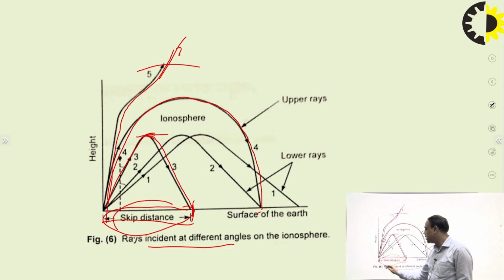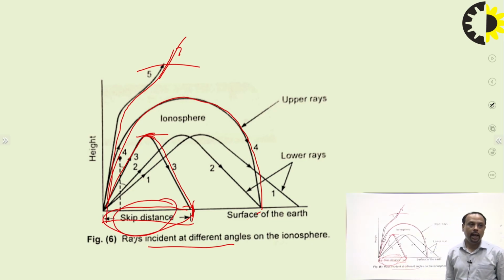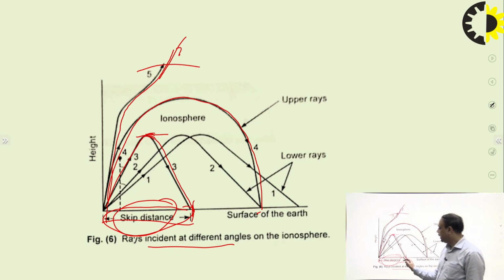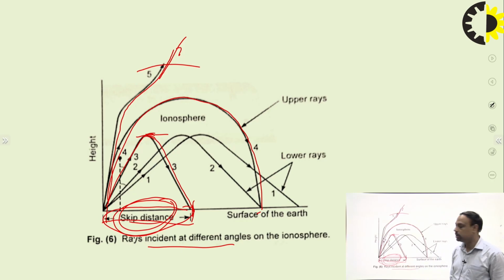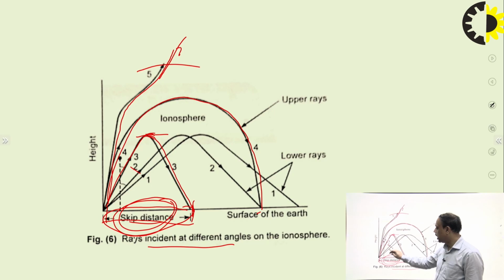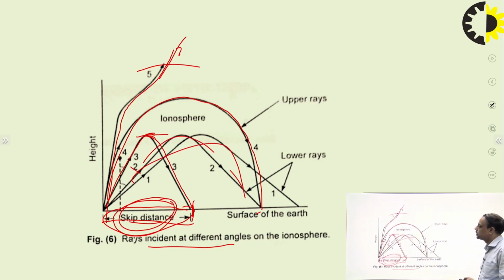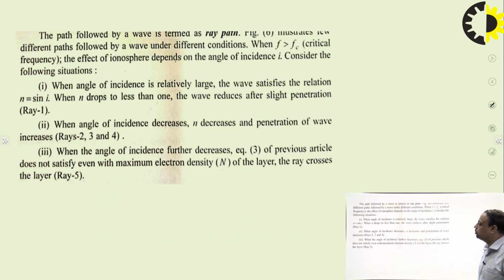This is known as the skip distance, with skywave propagation. In this area, we are not able to broadcast to any station due to the minimum skip distance. If the angle goes down again, then we can cover this area by these multiple waves. So these are the different ray paths when skywave communication takes place.